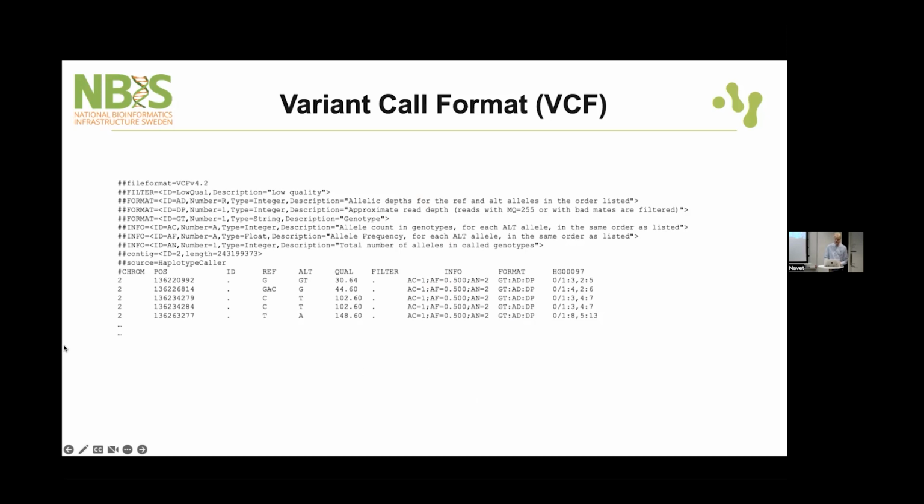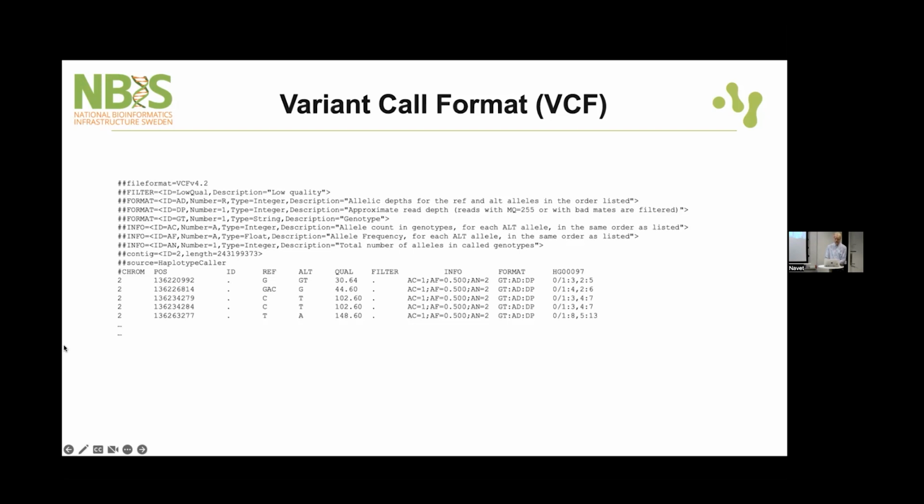Just like the quality scores for individual nucleotides in your sequence data, we have a Phred quality score indicating the probability of a variant call being in error. We have an info column, which we will come back to in a little bit. The format column describes the format of the sample column, which is the next column. GT for genotype, AD for allele depth, and DP for depth.